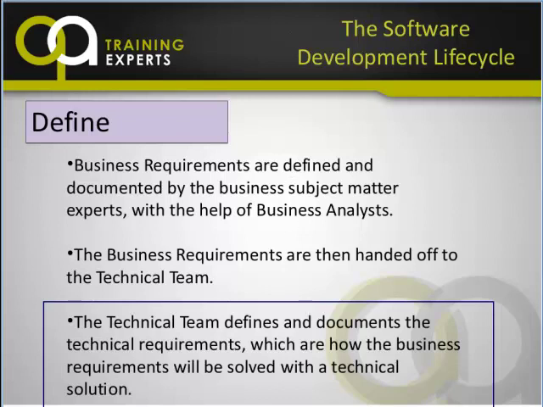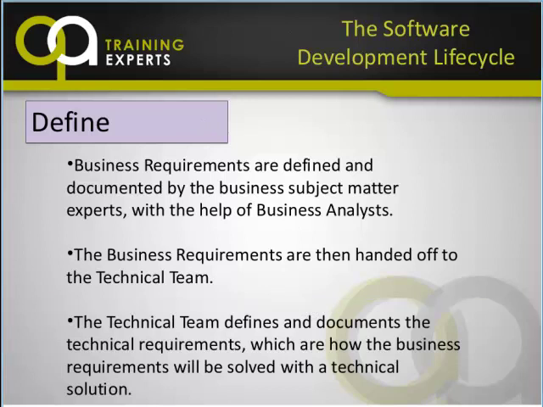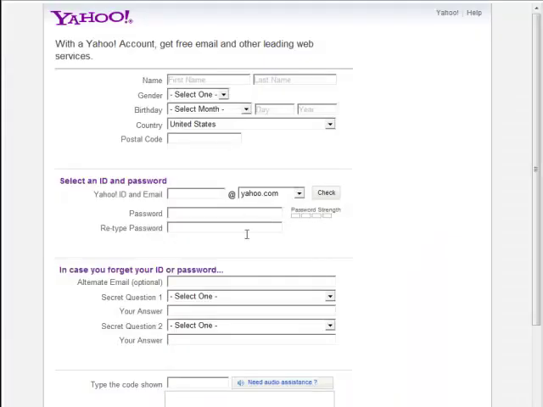Okay, let's take a little forward step again to our Yahoo new registration page here. If the business requirements were, hey, we need a page to allow new users to register and create an email. We want to capture some personal information about them.